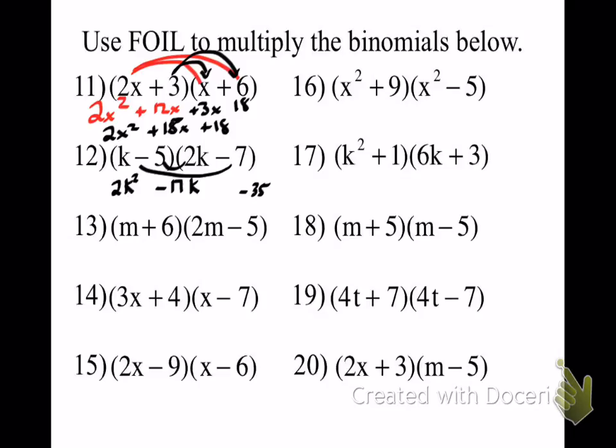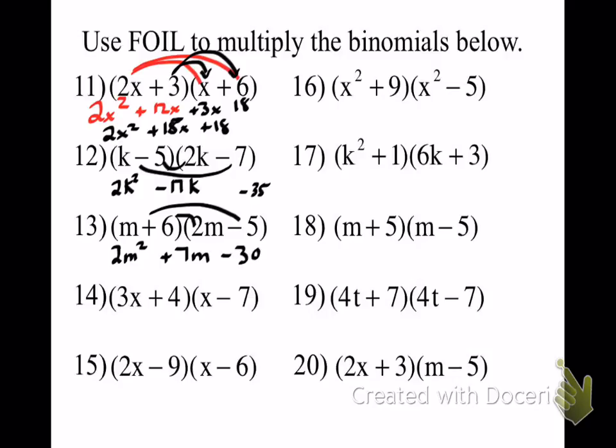Okay, now let's check your answers. You should have gotten 2m squared, and this would be negative 30, and my inner term is going to be 12m, my outer term minus 5m, 12 minus 5 is 7m, plus 7m. Sorry, I put that one so far off.